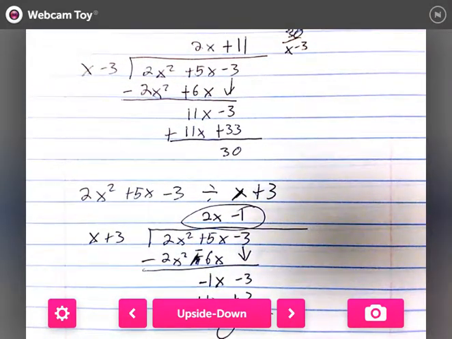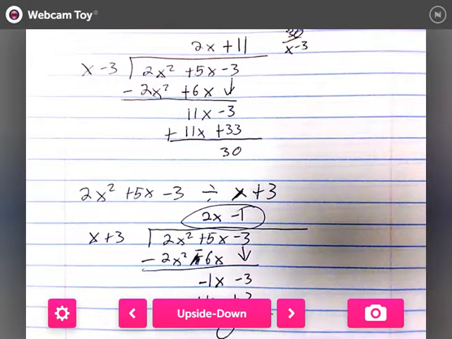Okay. What do you think? We're ready for something more complicated? Yeah. So let's do something a little more complicated first so that we feel real prepared.